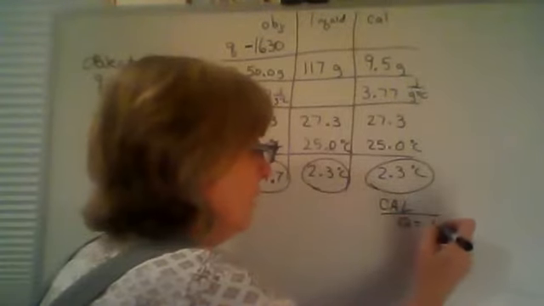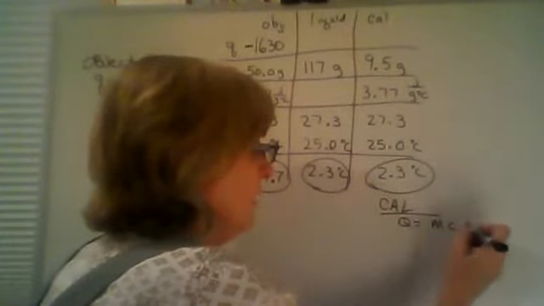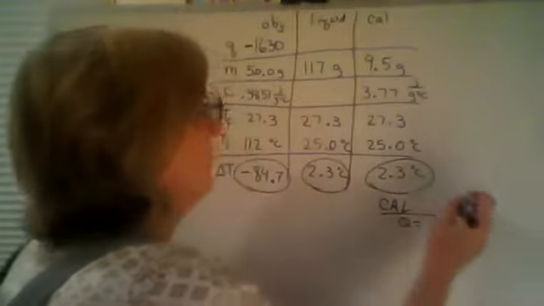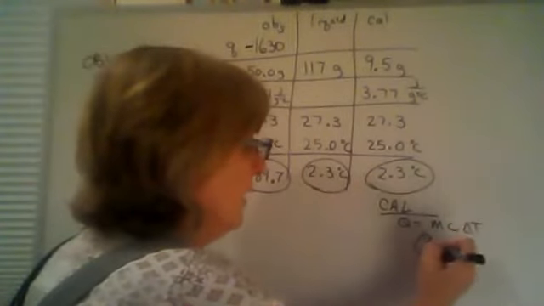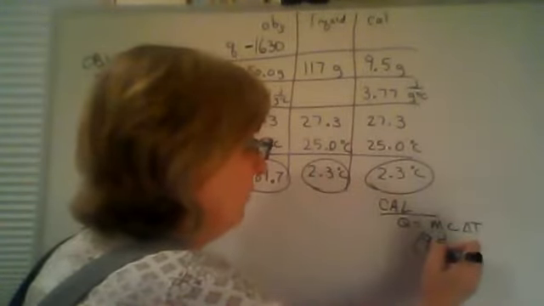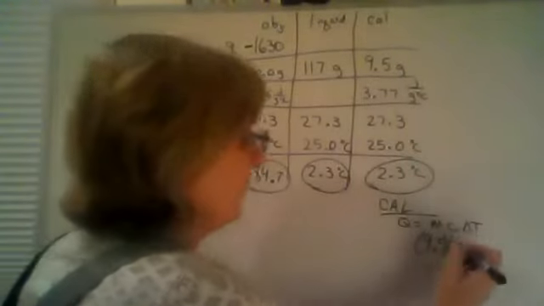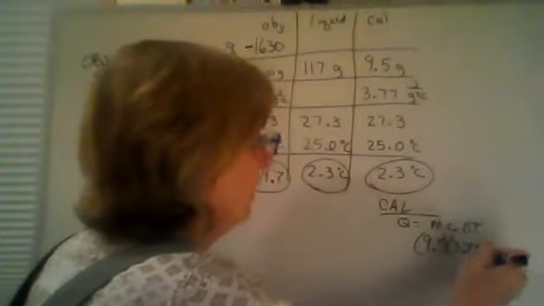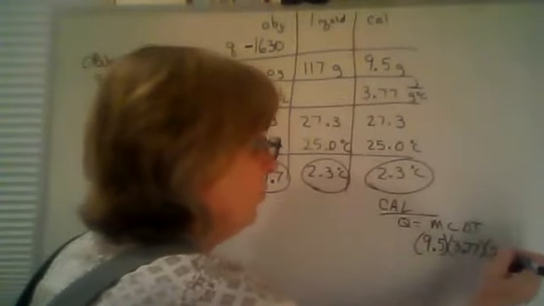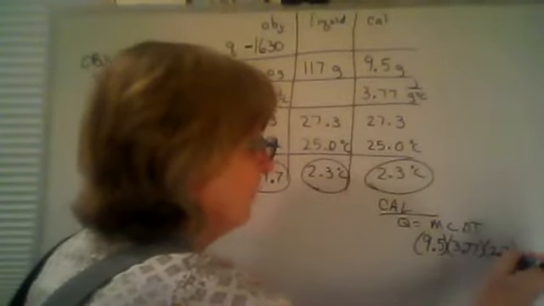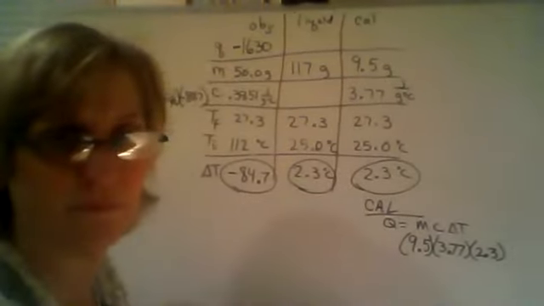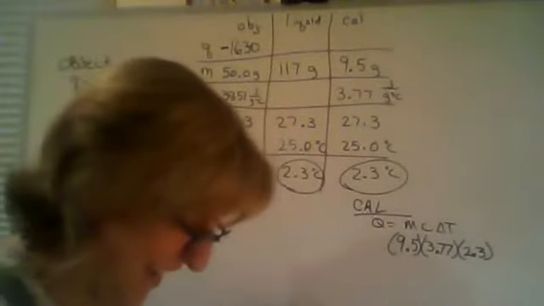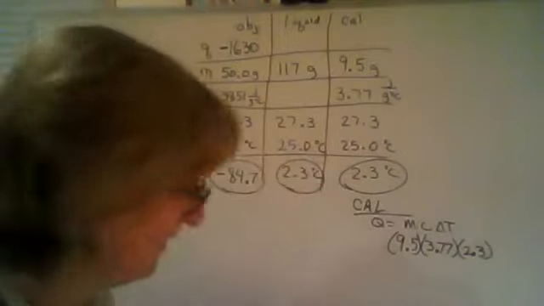Q equals MC delta T. It's 9.5 times 3.77 times 2.3. There you have it. And then we plug it in.